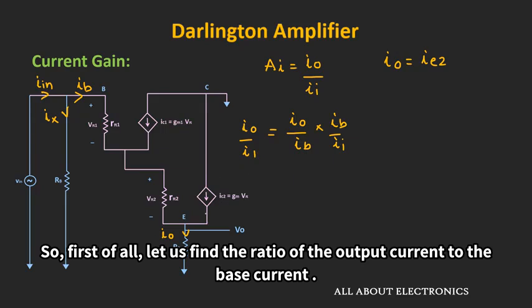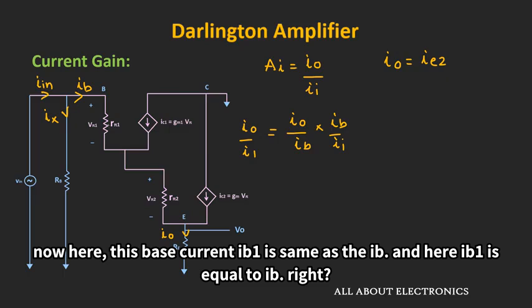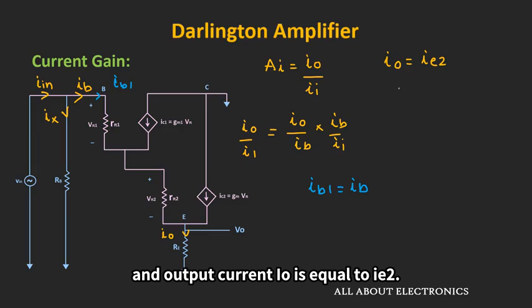So first of all, let us find the ratio of the output current to the base current. Now here, this base current IB1 is same as the IB. That means here IB1 is equal to IB, right? And the output current IO is equal to IE2.